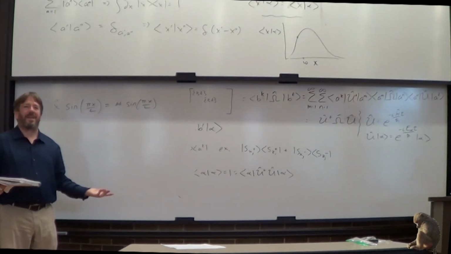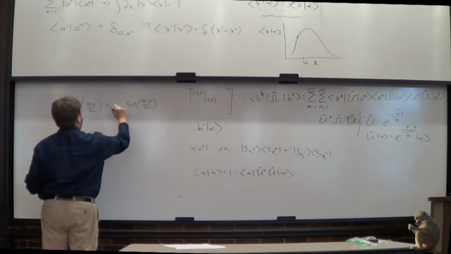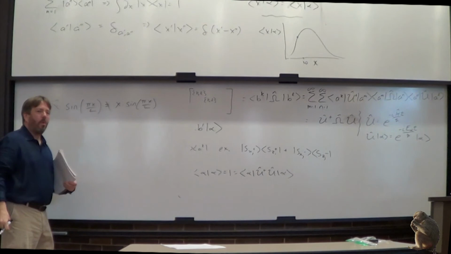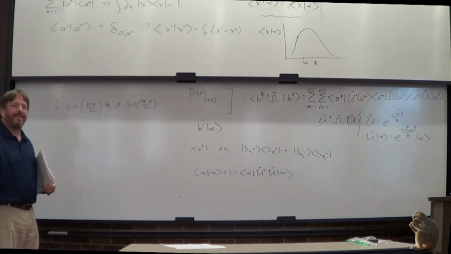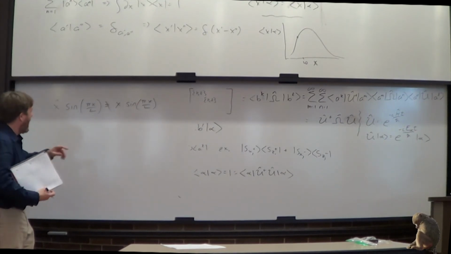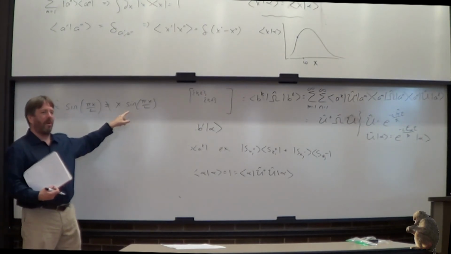Well, that doesn't work. The x operator is x. It's just x. No hat, I guess, right? Well, no, that's not an eigenvalue equation. Right? And how could it ever be? How could you ever have a function multiplied by x equals a number times that function?